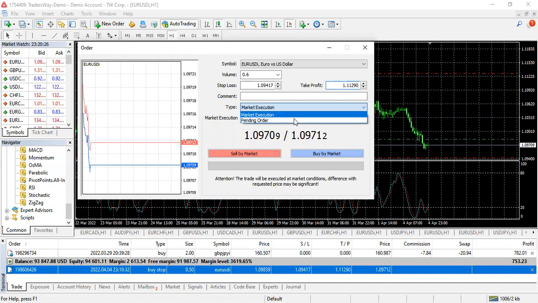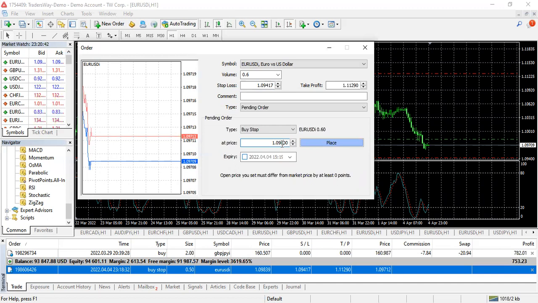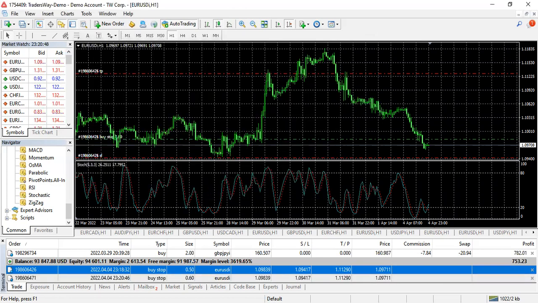So I'm going for buy stop, and my entry point here is 1.09839. So I place a buy. Now let me cancel the one of 0.5. Yes. So let us see.